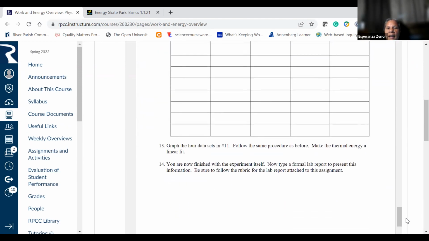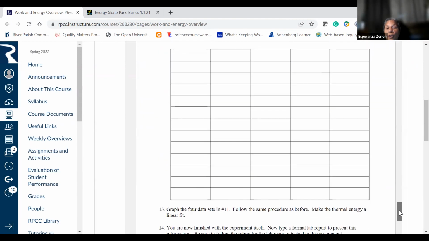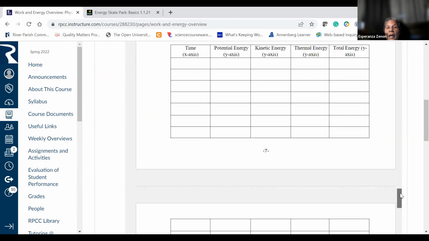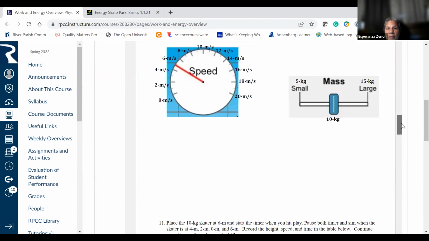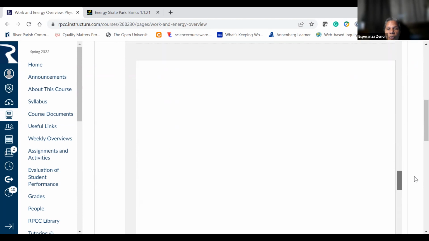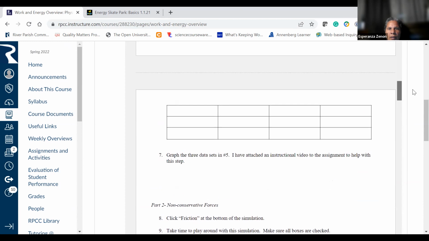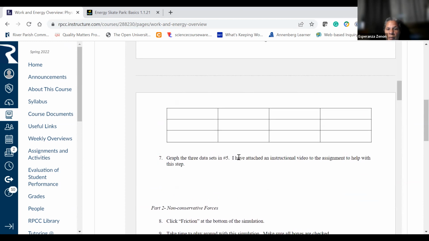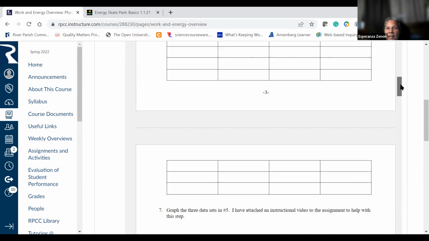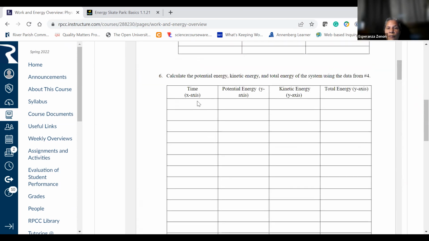Okay. And then the last thing, they ask you to make graphs. So you will have 2 graphs. Let me go back up. You will have a graph that you do in step number 7. You're going to graph all 3 of these things on the same graph. In your graph, you see they tell you the time goes on the x-axis.